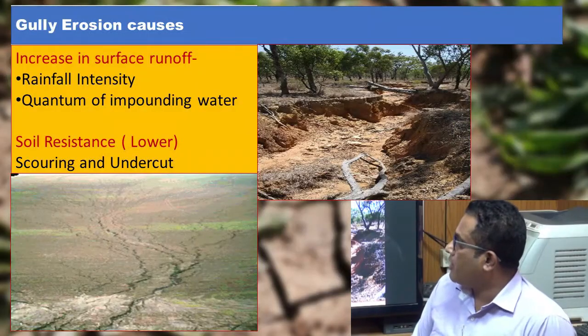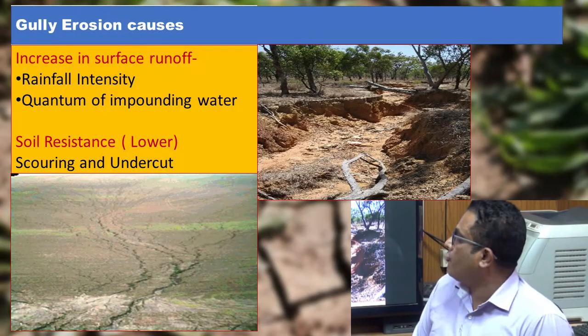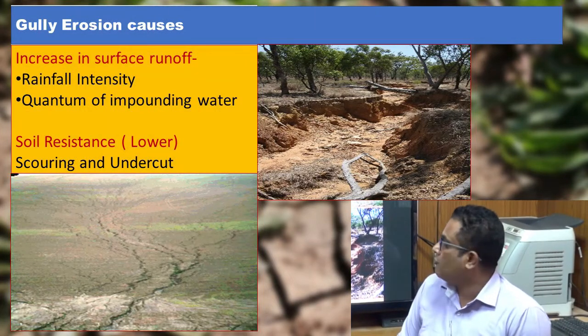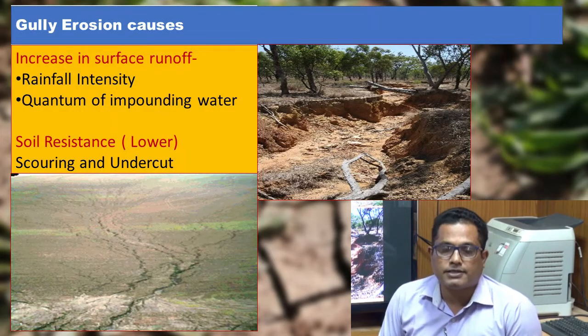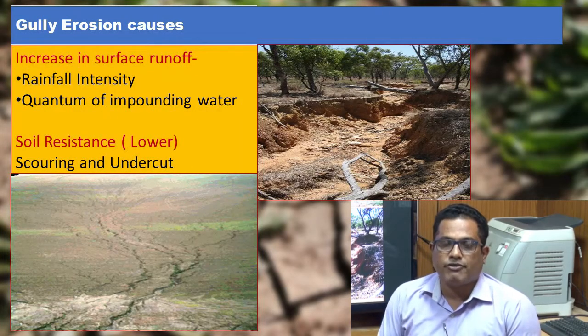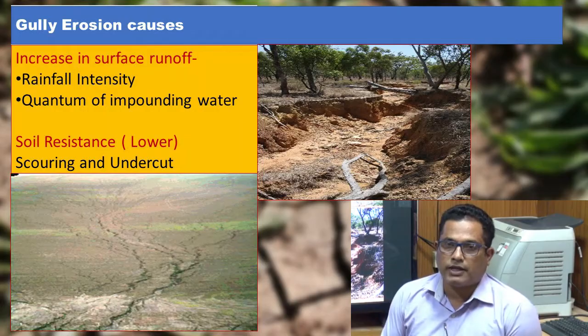Now we come to the causes of gully erosion. There are two main causes. One is the increase in surface runoff. As we have already discussed in the previous classes, if the rainfall intensity is high, with lower infiltration of the soil, then what will happen?